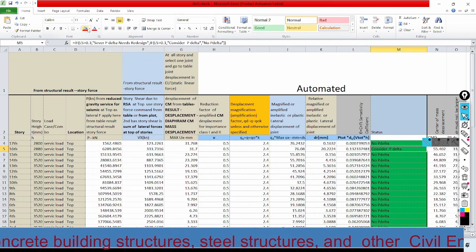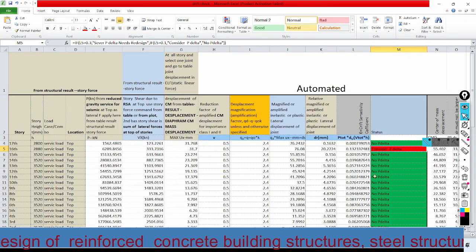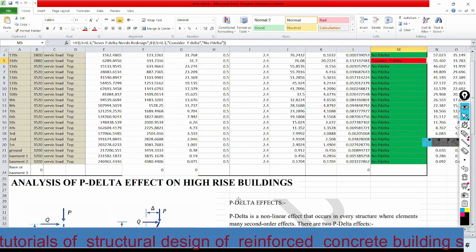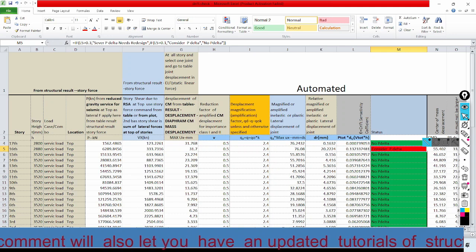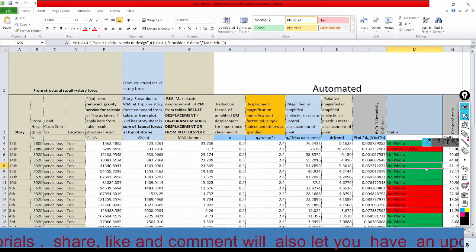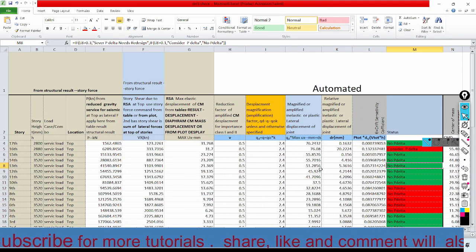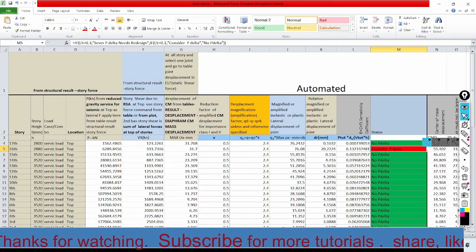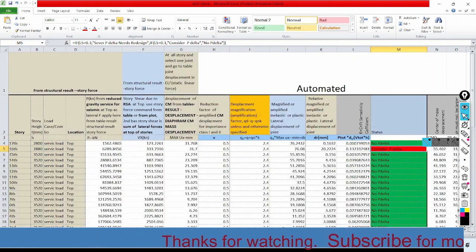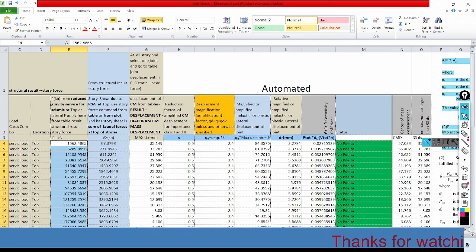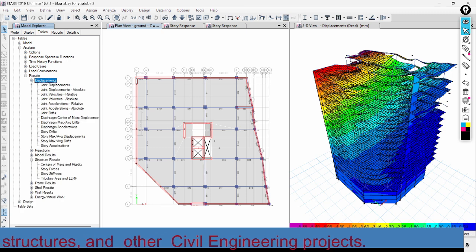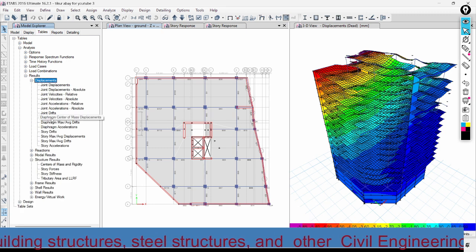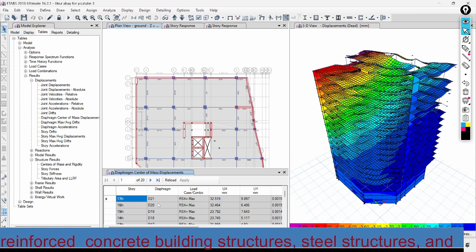Here there is a P delta. So in negative x direction, I need to consider the effect of P delta. And also in positive x direction, I need to consider P delta. And the effect of P delta in positive y direction. So now let me go to the displacement, then diaphragm center of mass displacement.